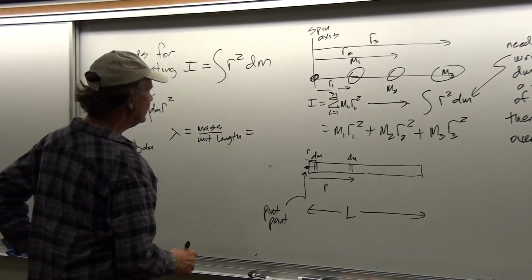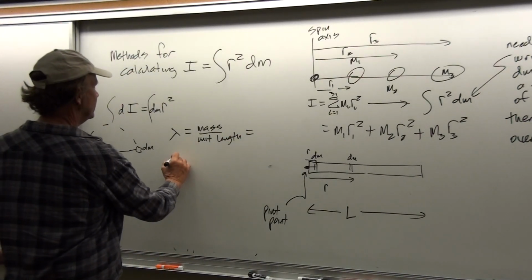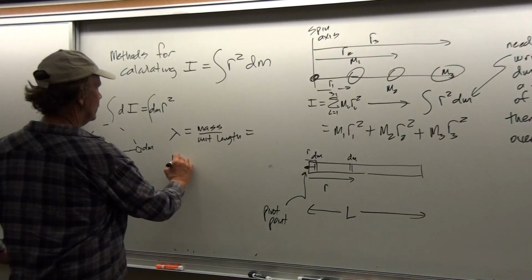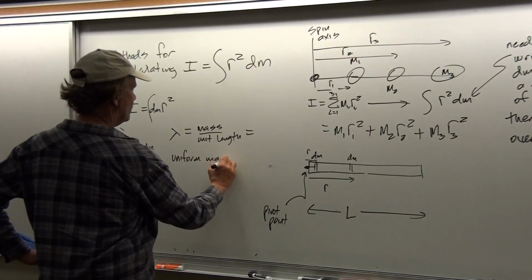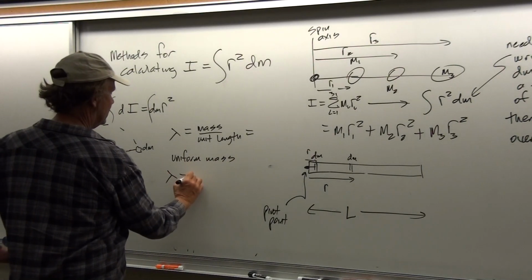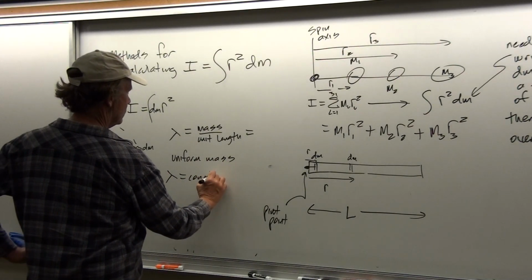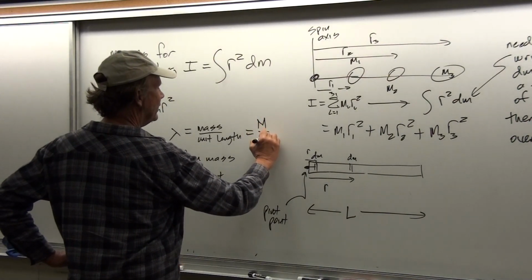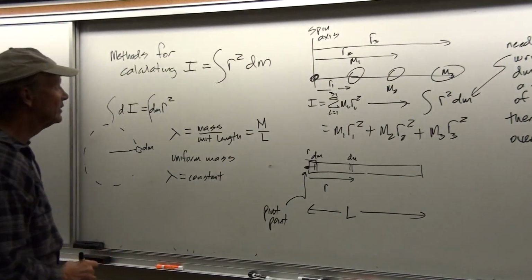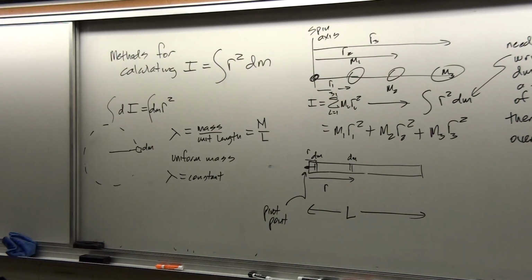Let's assume it's constant, so that this is a uniform mass. Then lambda is a constant, equal to the total mass divided by the total length. It has units of kilograms per meter.